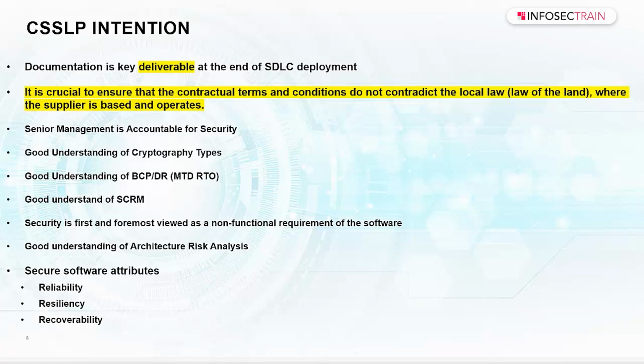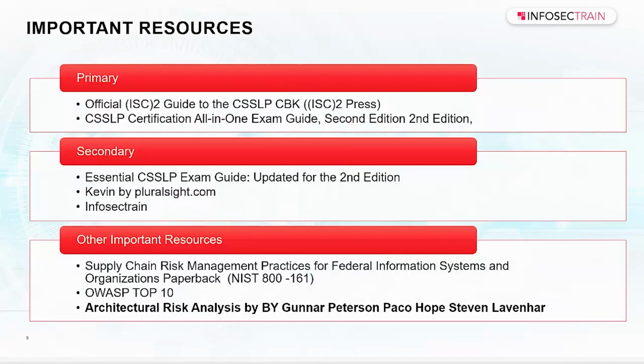But the question now is, what are the important resources you need to refer to? The primary document which I would personally recommend is the CBK 2nd edition of CSSLP. The questions at the back side are very, very important.